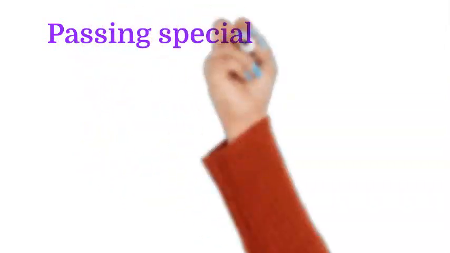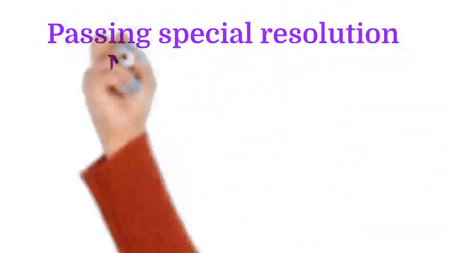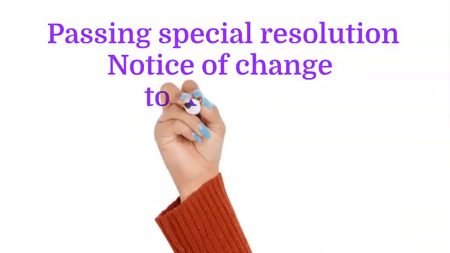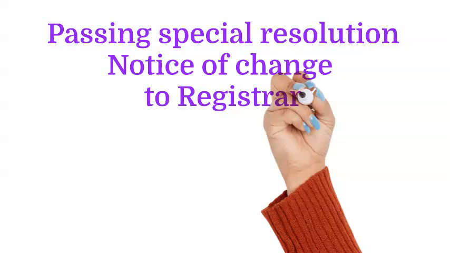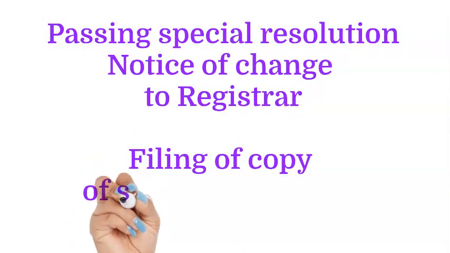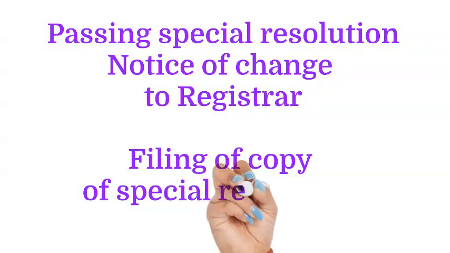A company can change its registered office from one city to another city within the same state by passing a special resolution in general meeting of the company. I have already explained what a special resolution is.